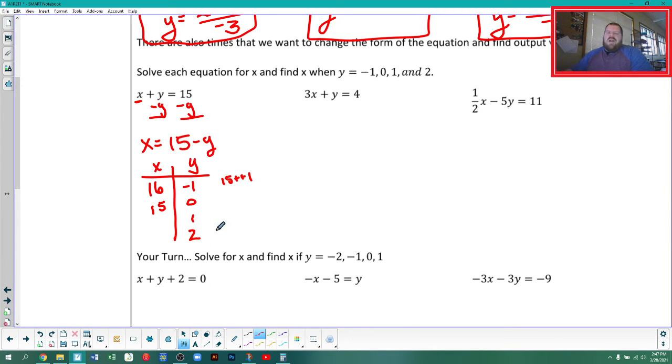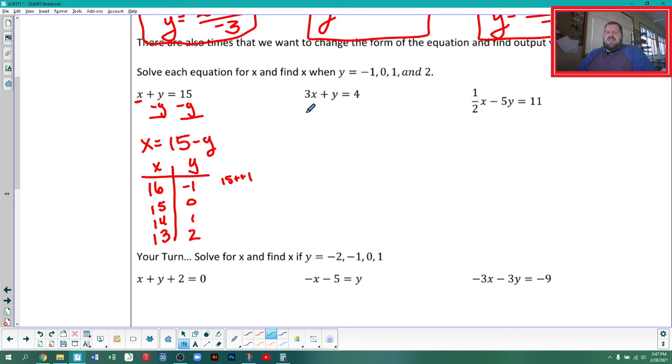And we'll see a pattern happening here. 15 minus 1 is going to be 14, and 15 minus 2 is going to be 13. So we see that that's a little bit easier to do than those multiple problems in one, as opposed to plugging each one of these numbers in for y and then solving each one of those equations. It's a little bit quicker and easier.